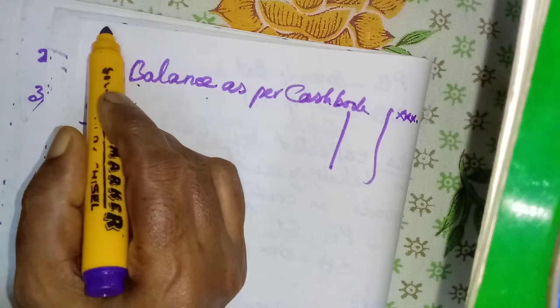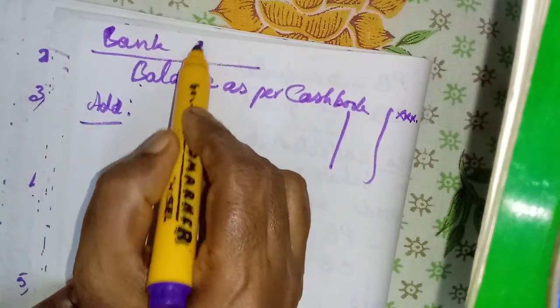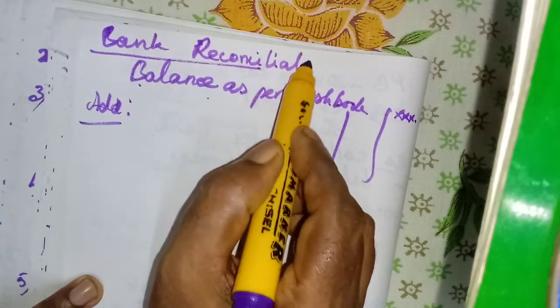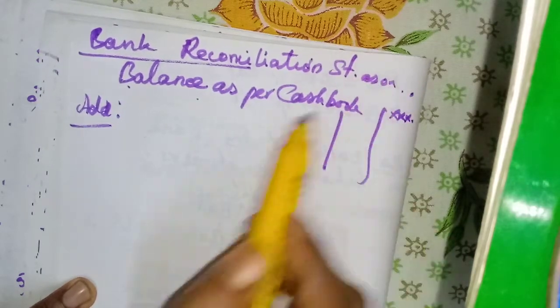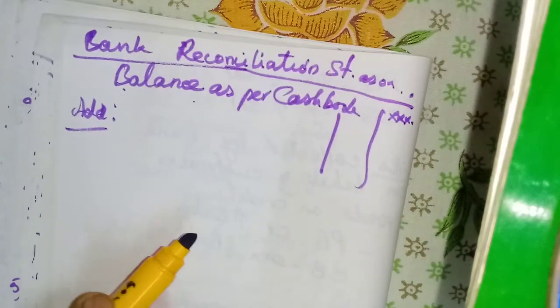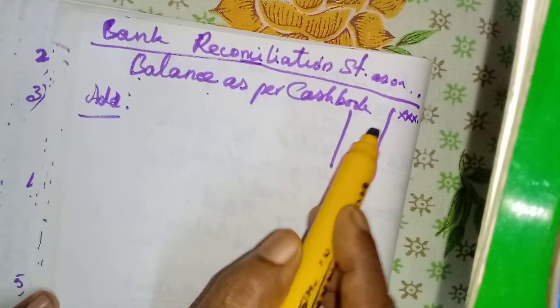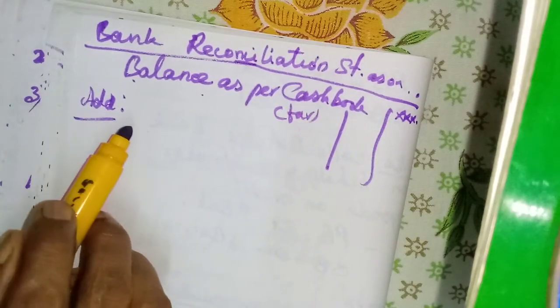First we should write the heading: bank reconciliation statement as on a date, that is, at the end of the financial year. Then we need to write balance as per cash book, if it is a favorable balance, that means debit balance.